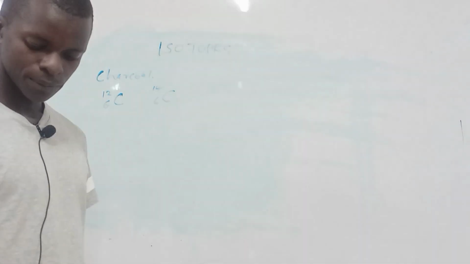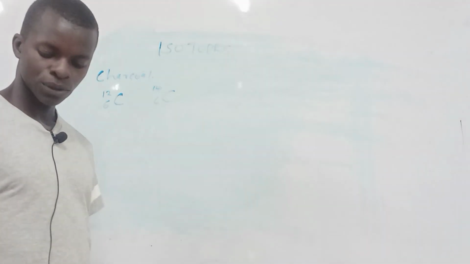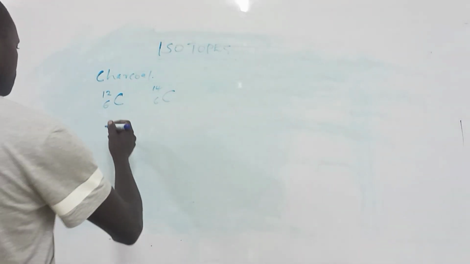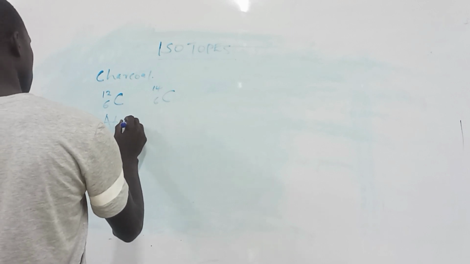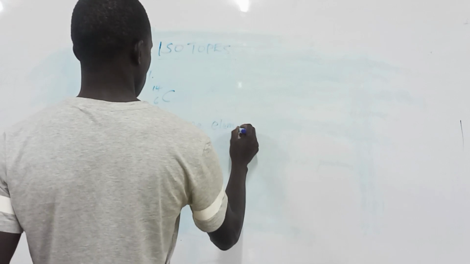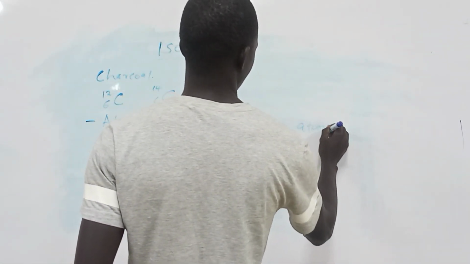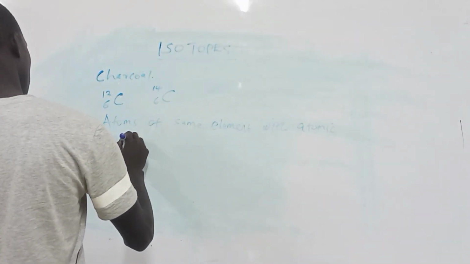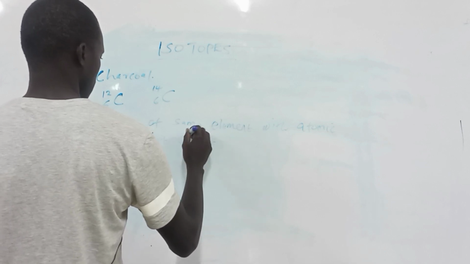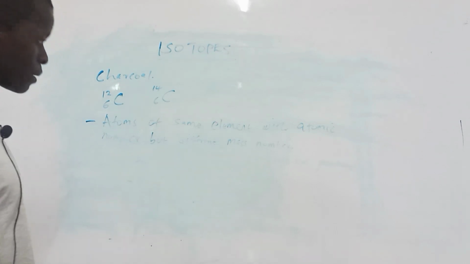Isotopes. Now let's define isotopes. Isotopes are atoms of the same element which have the same atomic number but different mass number.